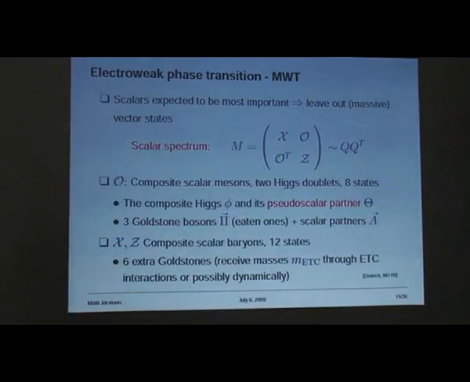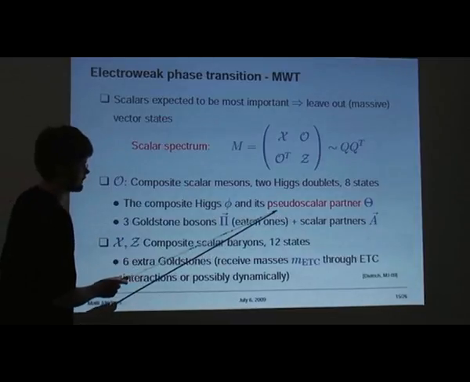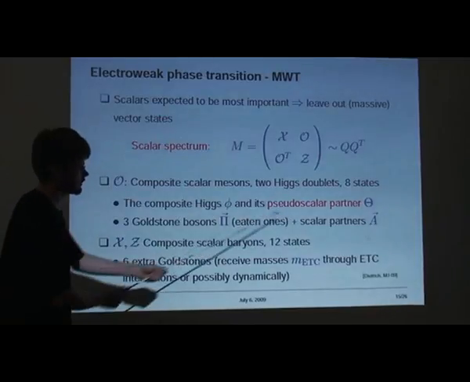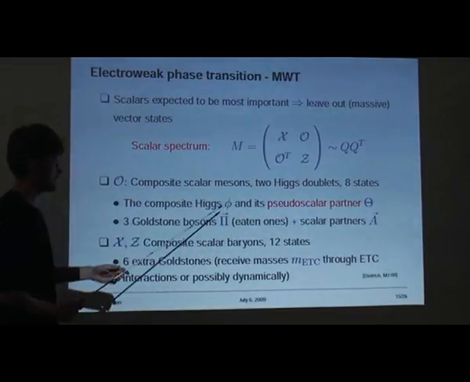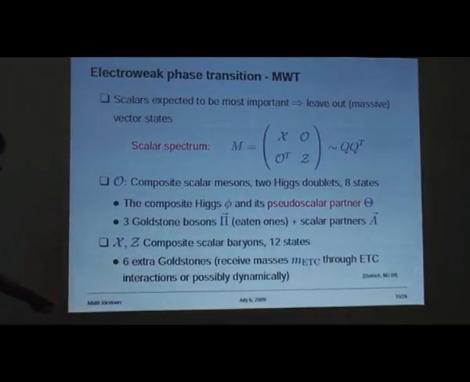which are the most important states, where you have this composite Higgs, and then actually you cannot make this complete under this chiral symmetry transformation without introducing these partners, the pseudoscalar partners theta of the composite Higgs.